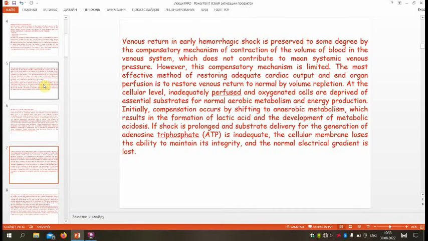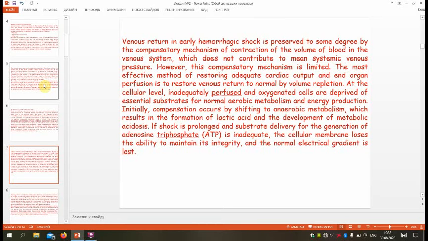At the cellular level, inadequately perfused and oxygenated cells are deprived of essential substrates for normal aerobic metabolism and energy production. Initially, compensation occurs by shifting to anaerobic metabolism, which results in the formation of lactic acid and the development of metabolic acidosis.